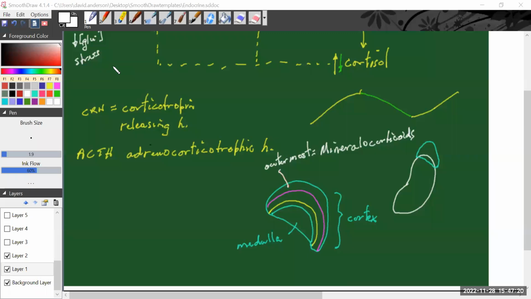Minerals. Yeah, minerals. And specifically, we'll see in a few minutes when we start to talk about it, it's going to be sodium. And we already know that sodium is kind of paired with another electrolyte or another mineral that typically goes in the opposite direction to sodium. Which one was that? Is it chloride? Potassium. Oh, potassium, yes.